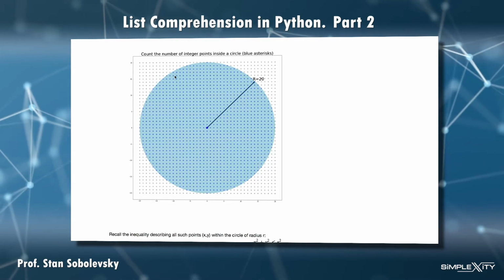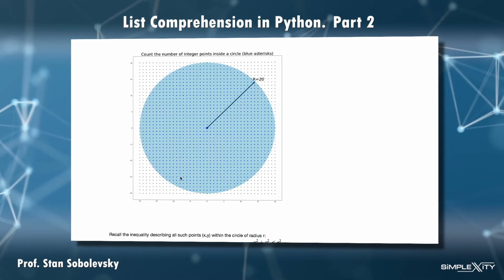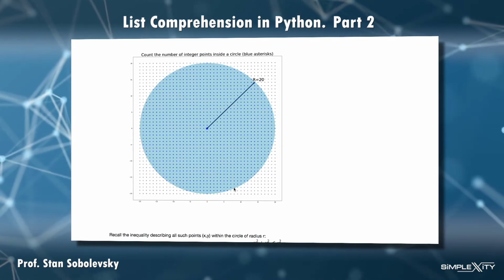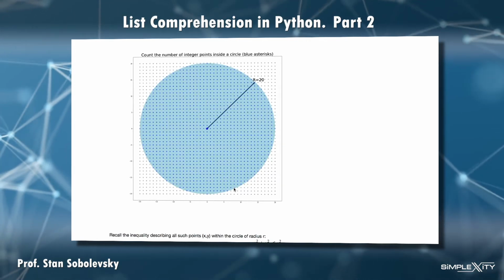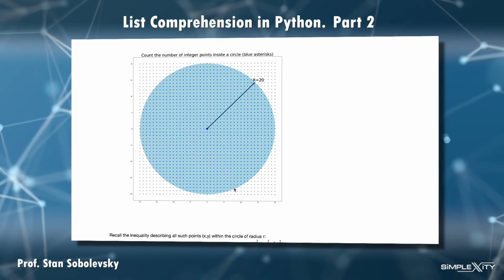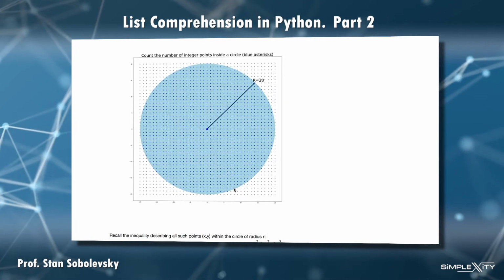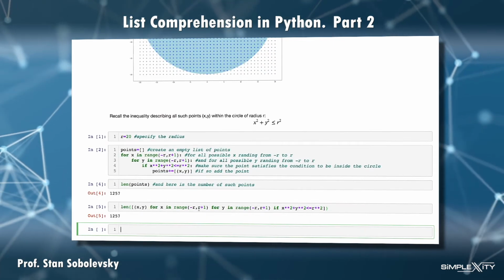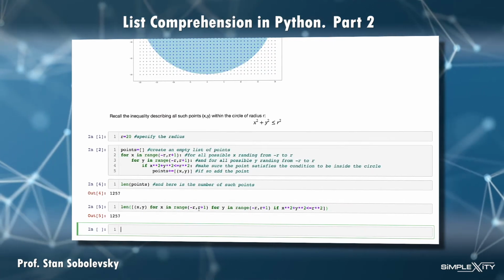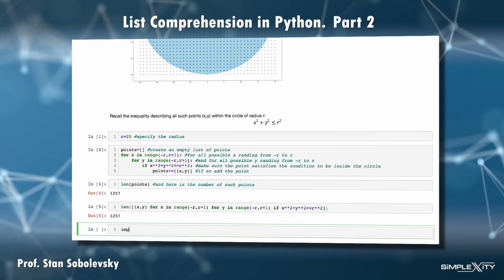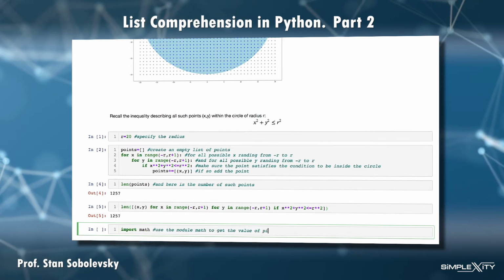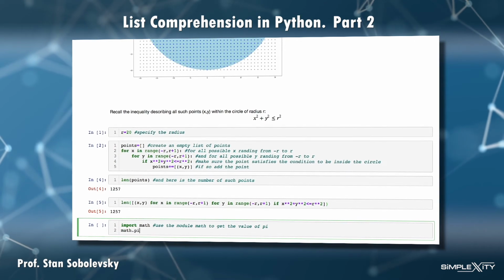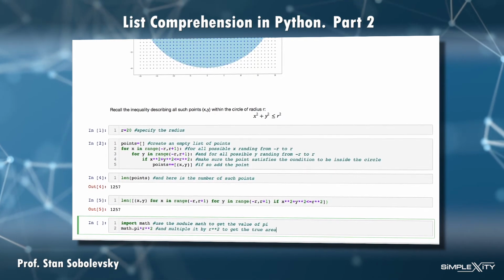Apart from that, the number of points approximates the number of unit areas inside the shape, and this way approximates the shape area. But now we can estimate the shape area directly using a well-known formula for the circle area, pi r squared. In order to do so, I first need to import the module math, which will provide me with the number pi, and multiply pi from math by r squared.